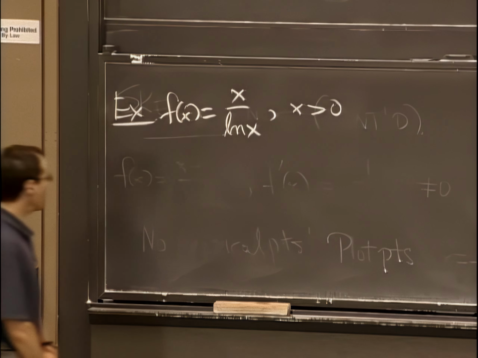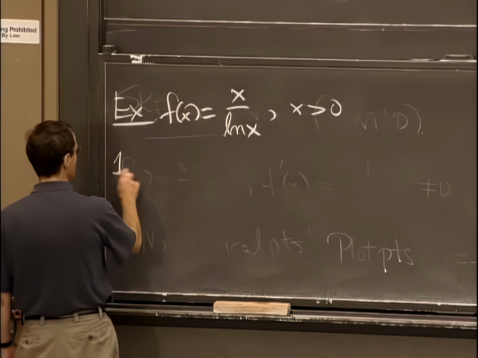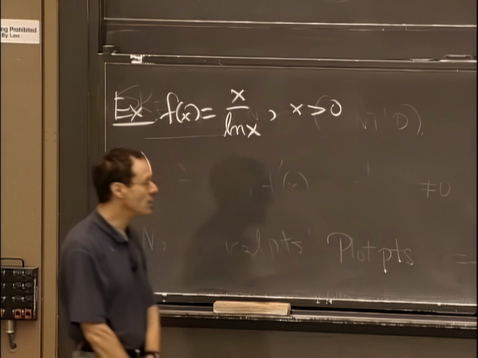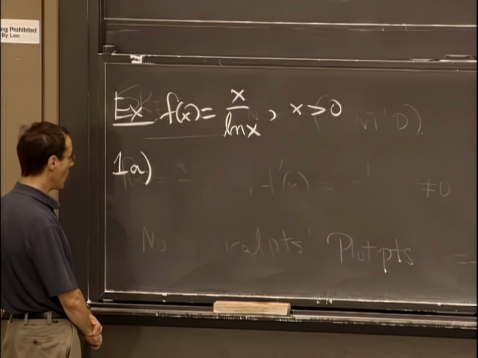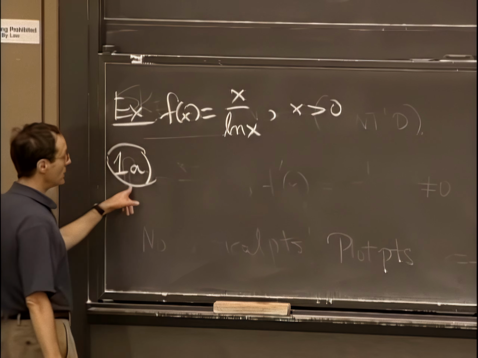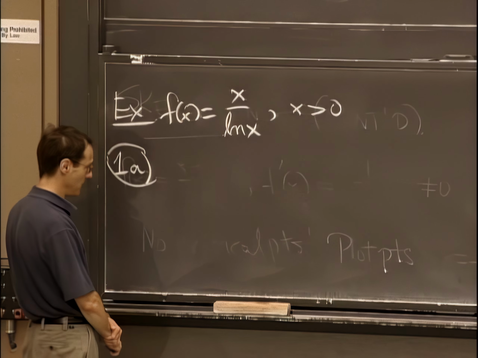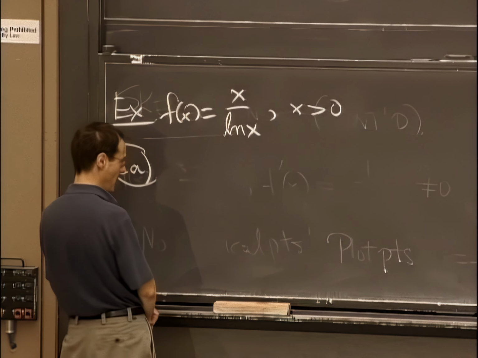So the first thing that I'm going to do is I'd like to follow the scheme here, because if I don't follow the scheme, I'm going to get a little mixed up. So the first part is to find the singularities, that is the places where f is infinite. And that's when the logarithm, the denominator, vanishes.